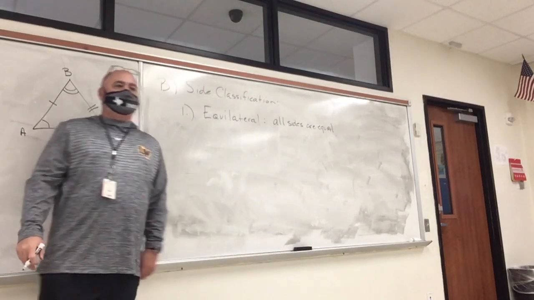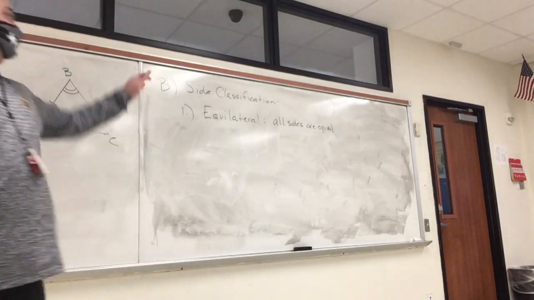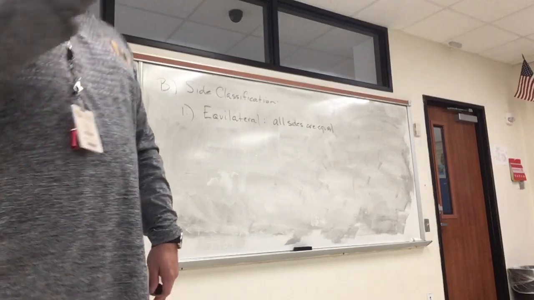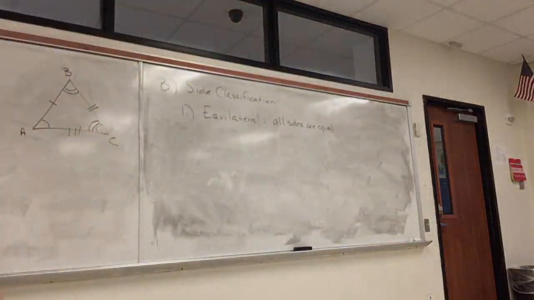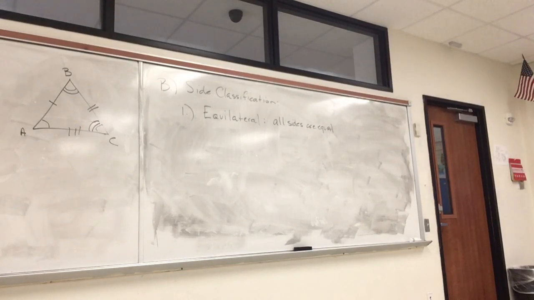Now I want everybody to listen to me. An equilateral triangle will also always be an equiangular. And since it's equiangular, guess what else it is? It's acute. Because remember the definition, three angles less than 90 degrees.